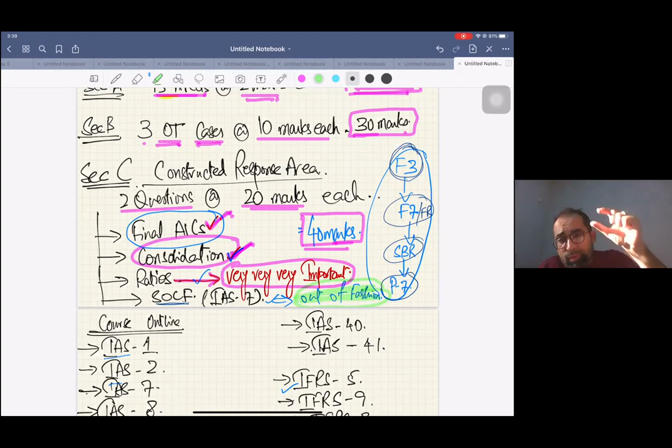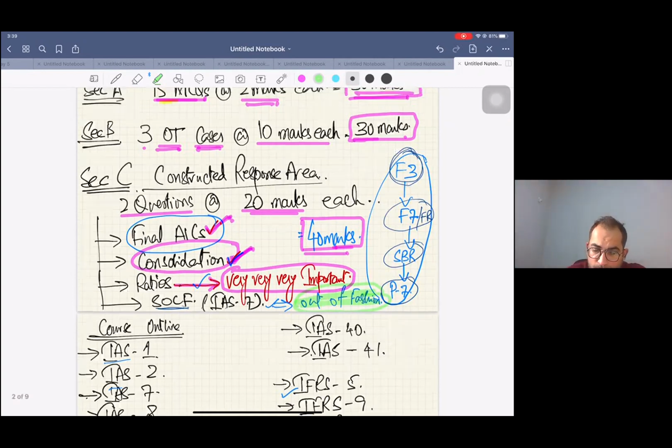Sometimes with final accounts, they give you 7 or 8 marks to make the cash flow from investing activities or from financing activities. So yes, it's part of the course, but it looks like it's out of fashion. But in a professional exam, you can't skip anything. So definitely we need to give time for this as well. Okay, right?